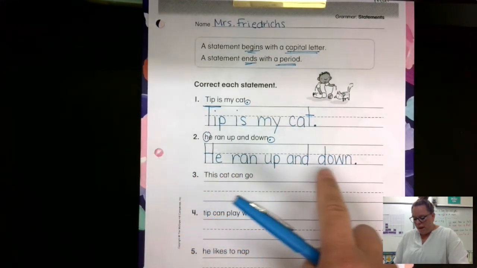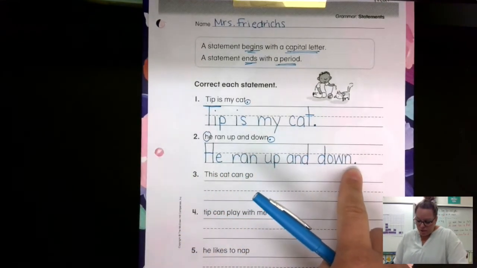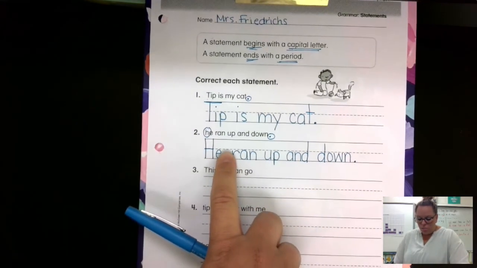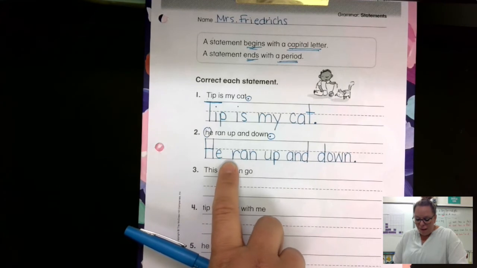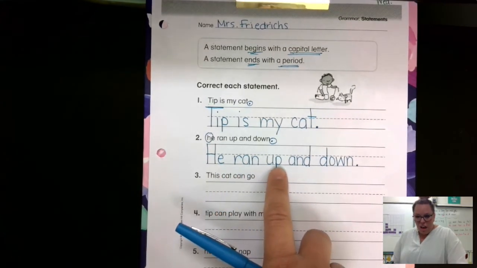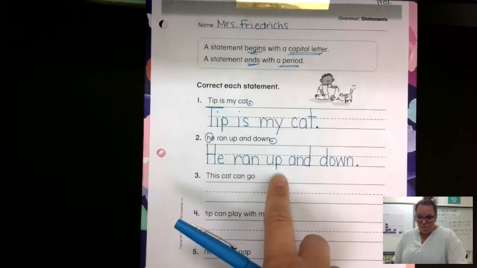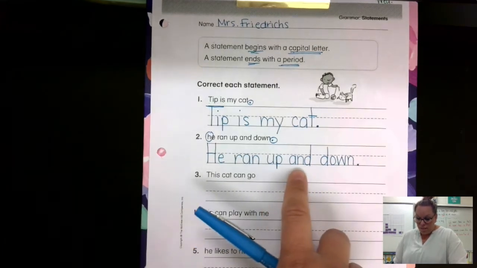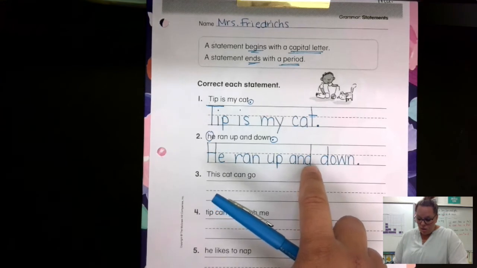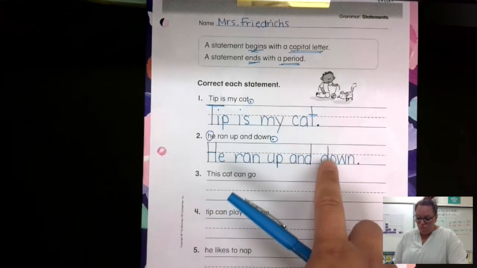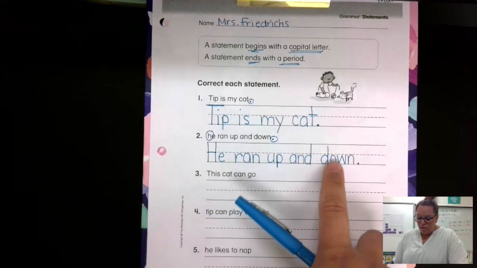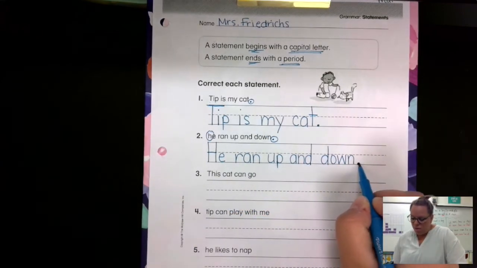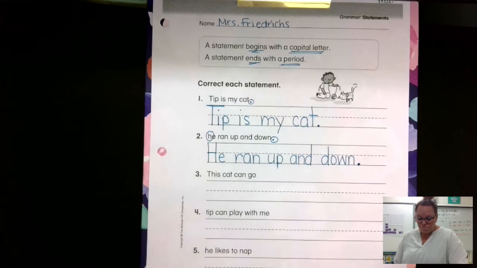He ran up and down, period at the end of your sentence. Notice how my word ran is all sitting between the dotted line and the bottom line. You'll notice that in up, the P has to start at the dotted line, but it goes down below the bottom line. In and, the D goes all the way up to the top line. Same thing with down. But the rest of the letters go between the dotted line and that bottom line. And then my period sits right above that bottom line.